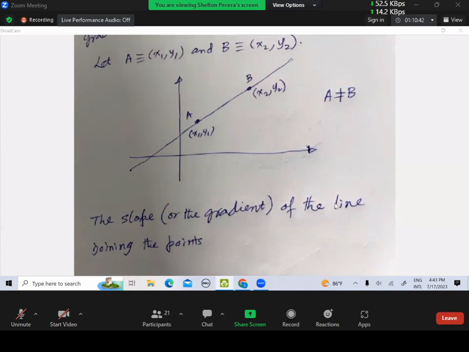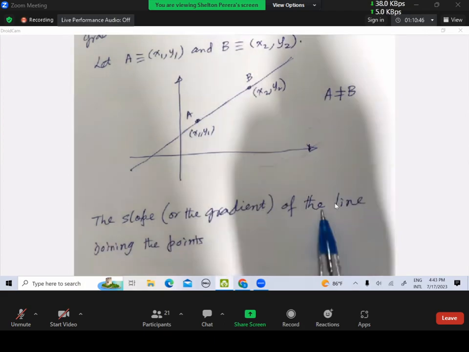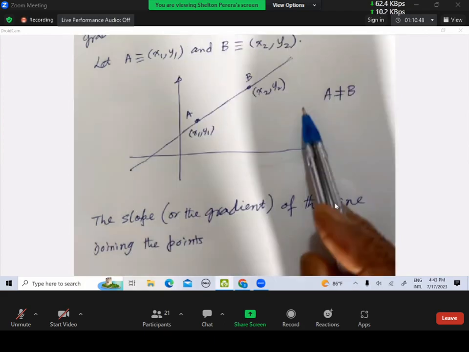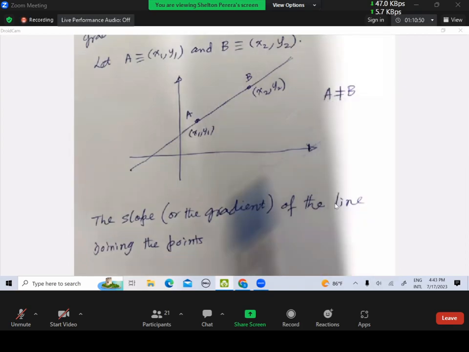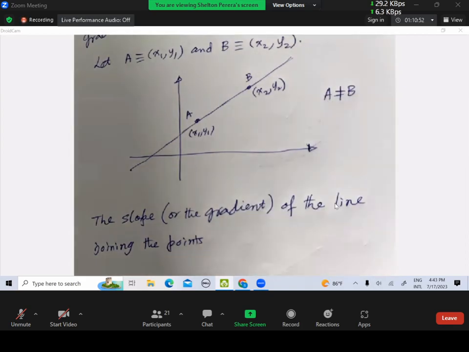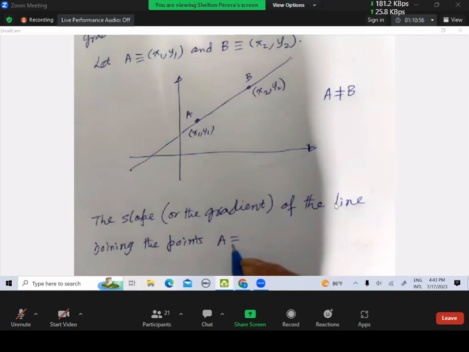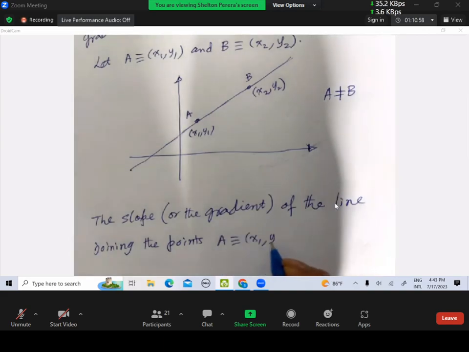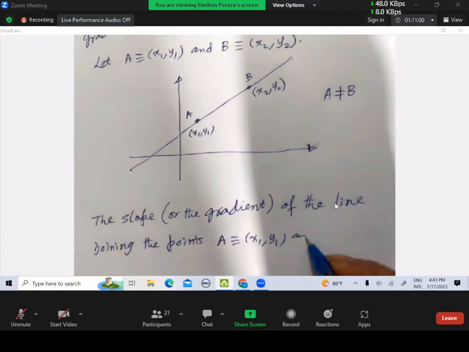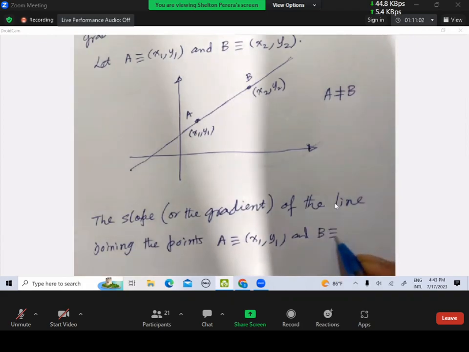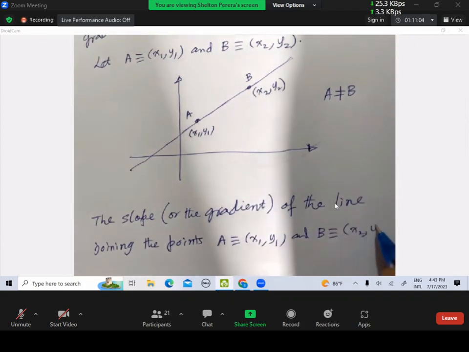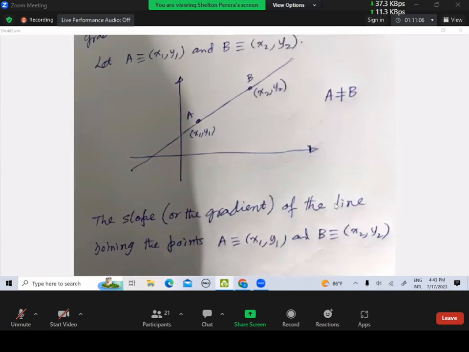The slope or the gradient of the line joining the points A with coordinates x1, y1 and B with coordinates x2, y2 is defined.